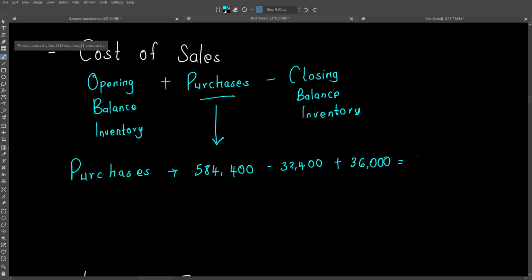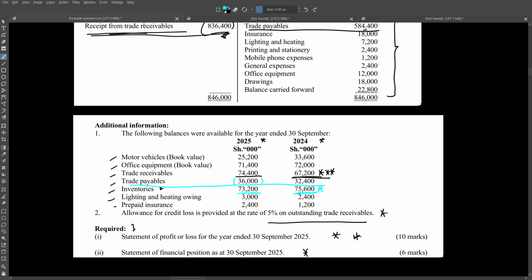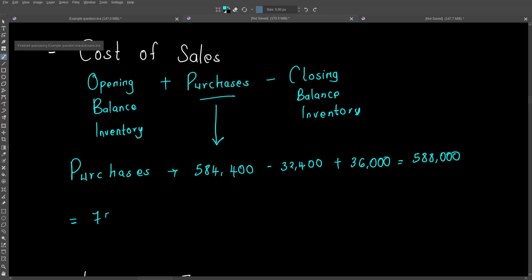So we are going to get 588,000. That is going to be our purchases. So our cost of sales will basically be our opening balance of inventory, which is 75,600, because this is the closing balance as at 30th September 2024, which is our opening balance for year 2025. Then we add our purchases, which we have calculated to be 588,000.